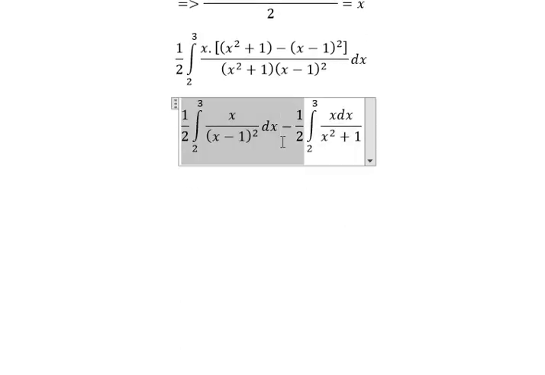Now we can do the integral and separate them in here.